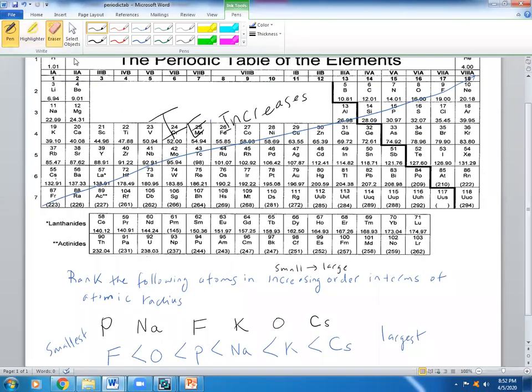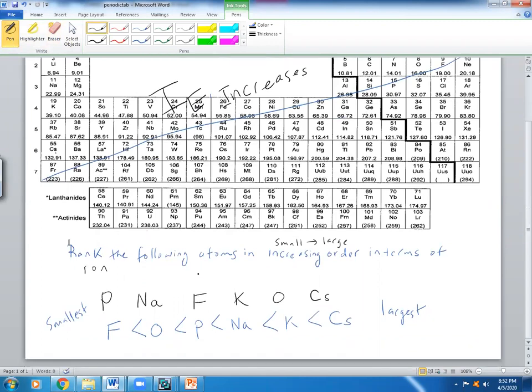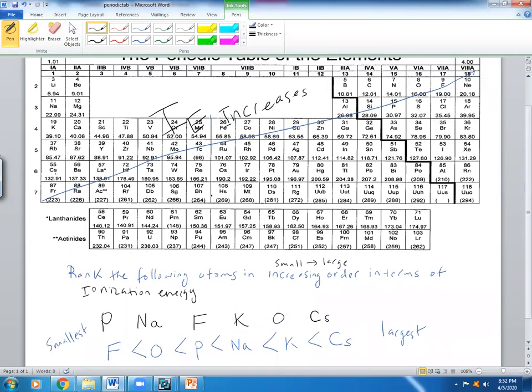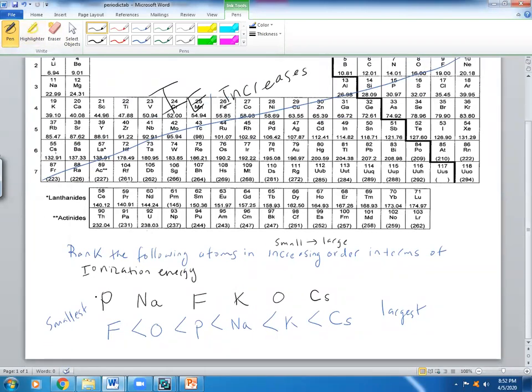So let's apply it to the one we just did. And instead of now saying atomic radius, we're going to say ionization energy. So what would happen here?